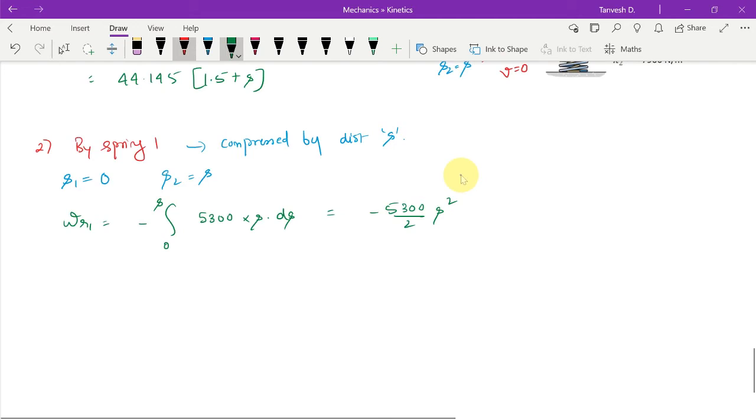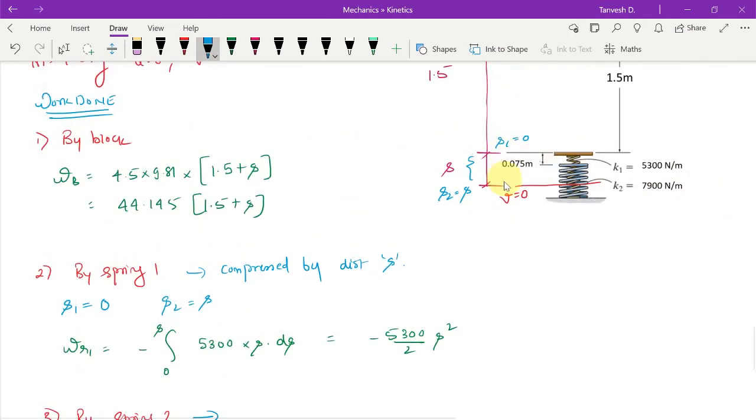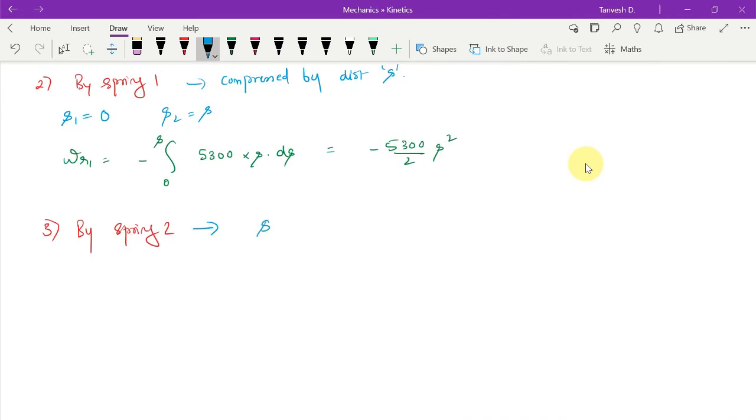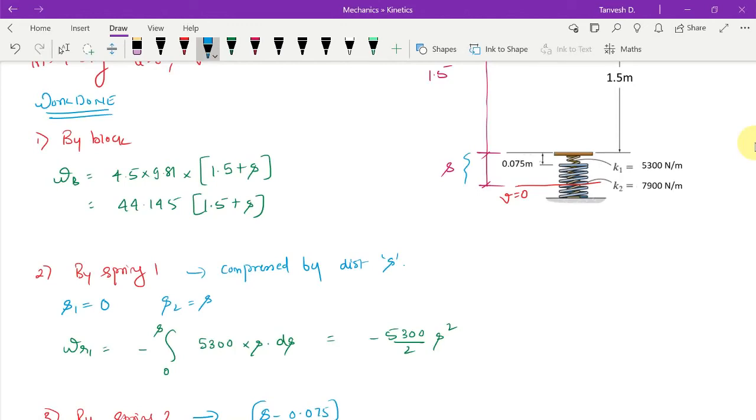Work done by spring 2. And how much is this spring getting compressed? It is getting compressed by a distance of S minus 0.075. Okay, and S1, that is its unstretched position, is 0.